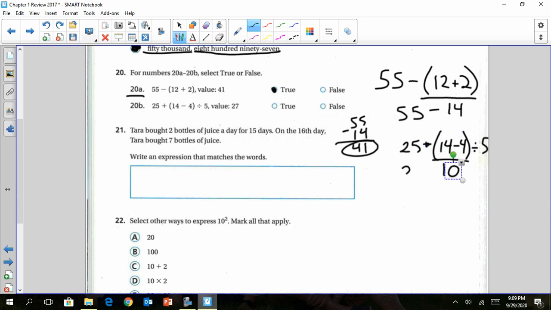We're going to rewrite everything out. Remember, in PEMDAS, we do division before we do addition. So we're going to divide. 10 divided by 5 equals 2. We're going to then do 25 plus that 2, and we're going to get 27. And again, that is also true.